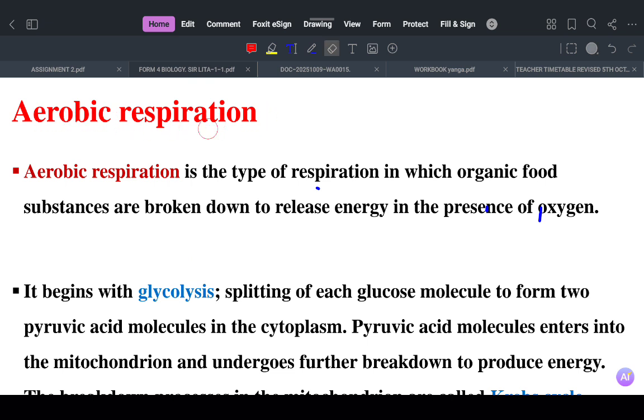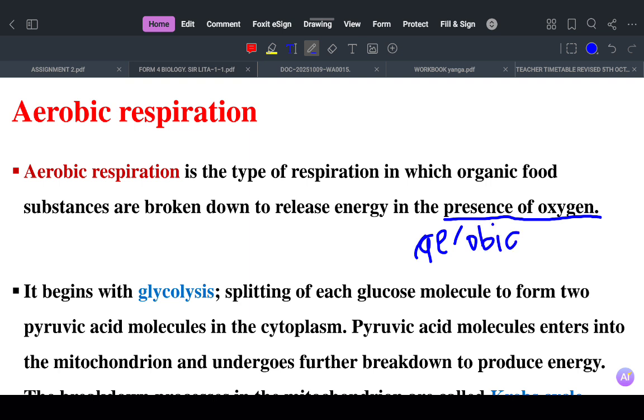All right, so welcome to aerobic respiration. Definition first. We define aerobic respiration as the type of respiration in which organic food substances are broken down to release energy in the presence of oxygen. The fact that the process takes place in the presence of oxygen makes it aerobic.